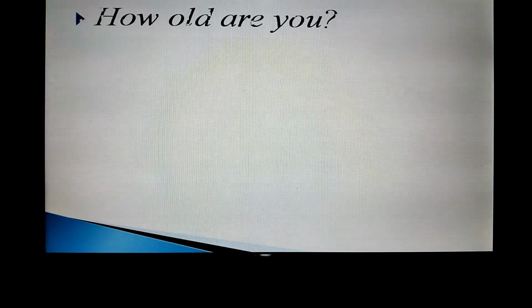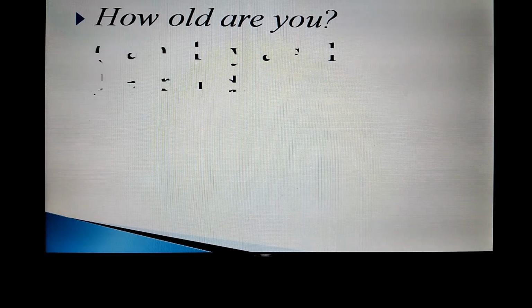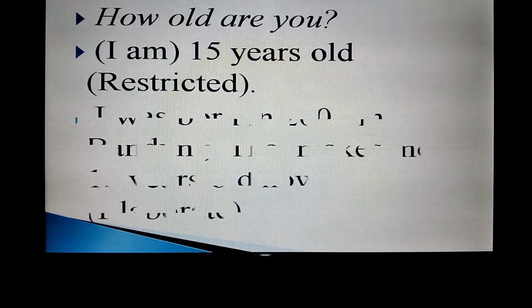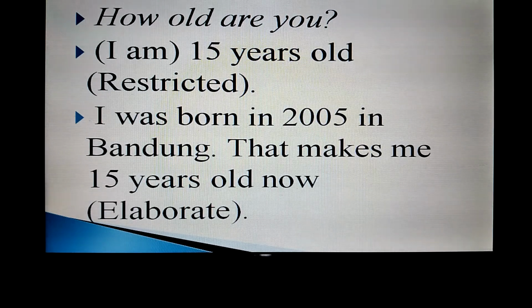Now, with the question, how old are you? If you simply answer 15 years old, or I am 15 years old, still, you know this to be restricted. Make it elaborate and say instead, I was born in 2005 in Bandung. That makes me 15 years old now.